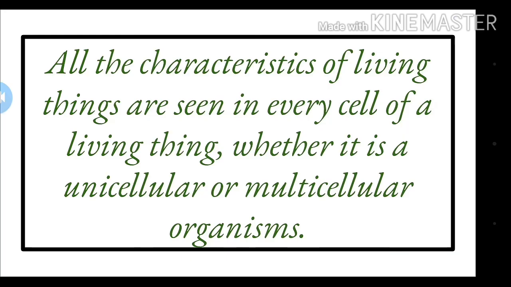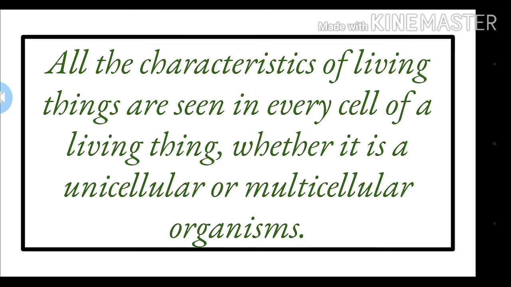All the characteristics of living things are seen in every cell of a living thing, whether it is a unicellular or multicellular organism. Yes, all the characteristics that we have learned and are learning now are seen in one cell, that is, a unicellular organism, and also in a multicellular organism.